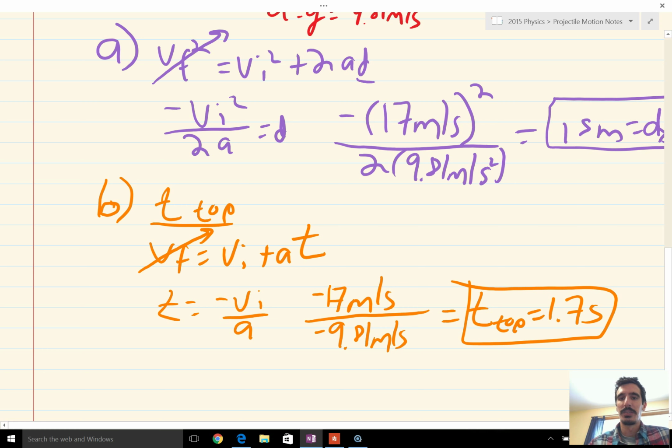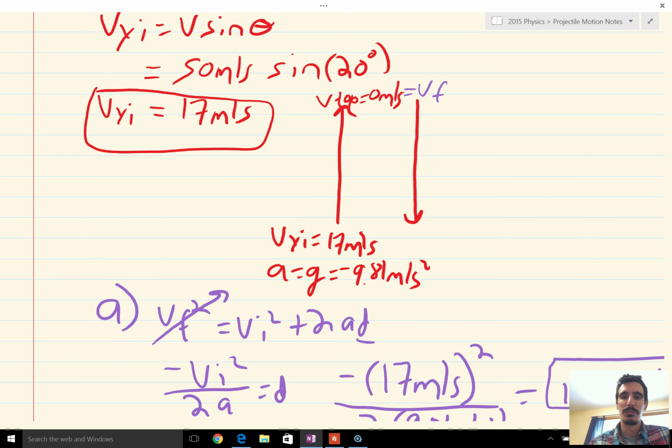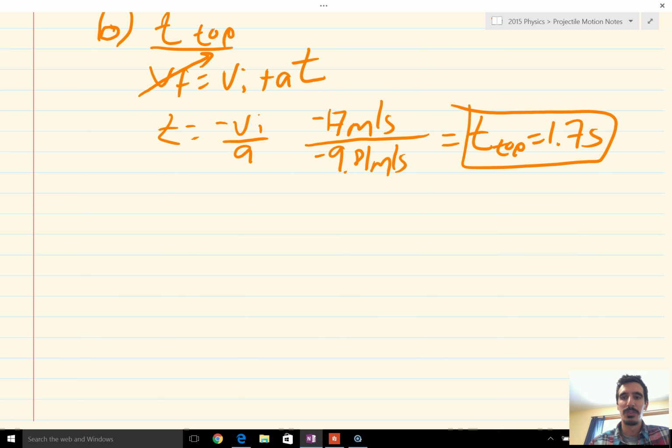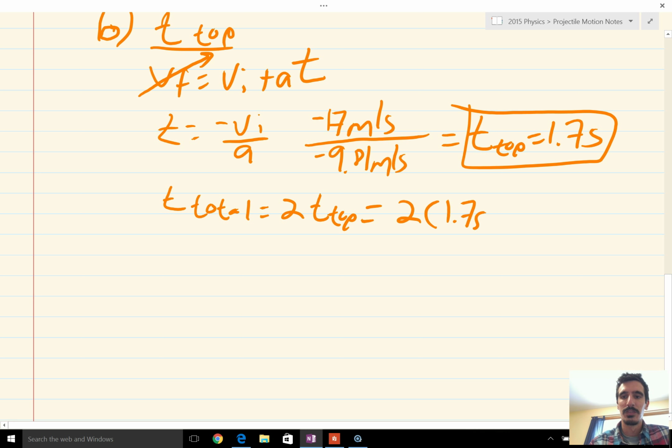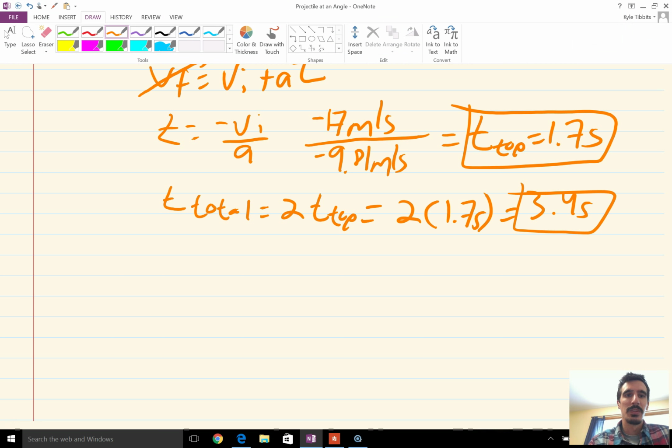But to find the total time, the ball goes up for 1.7 seconds, the ball goes down for 1.7 seconds. So the total time is just double t top, which is 2 times 1.7 seconds, which gives us 3.4 seconds.